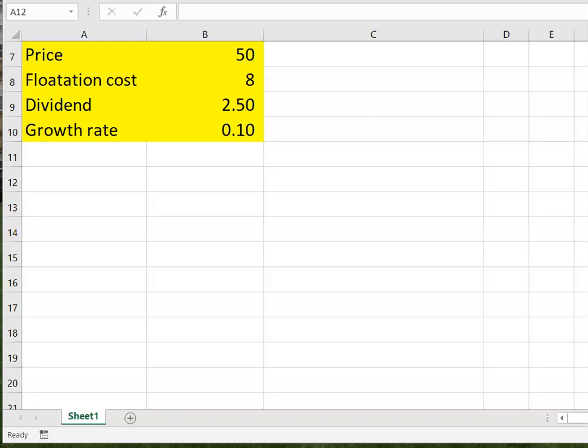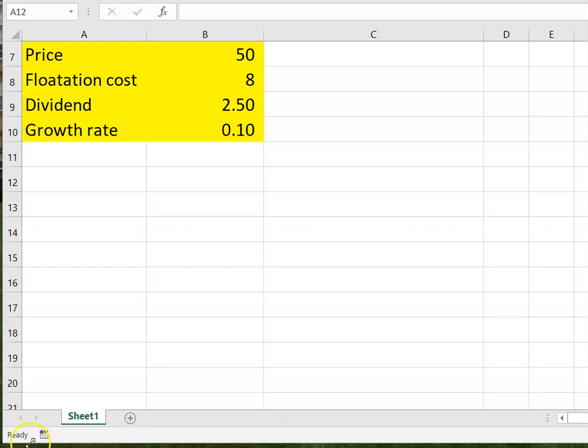And in this case, they're very greedy and are going to take $8 out of that price. The dividend is $2.50 on this common stock. And we expect a growth factor of 10%. Remember, that's the retained earnings times the profit retention rate. So expect the business to grow at 10%.